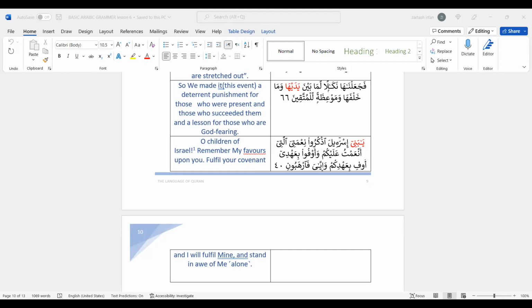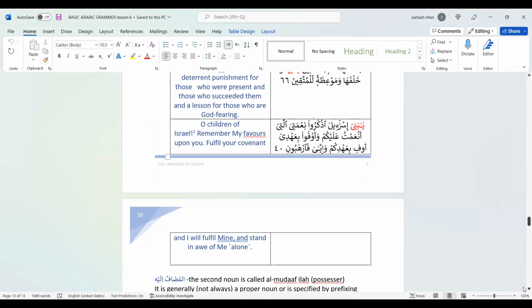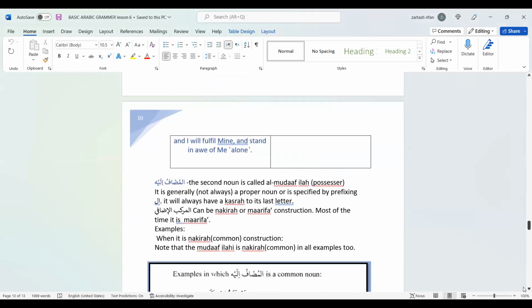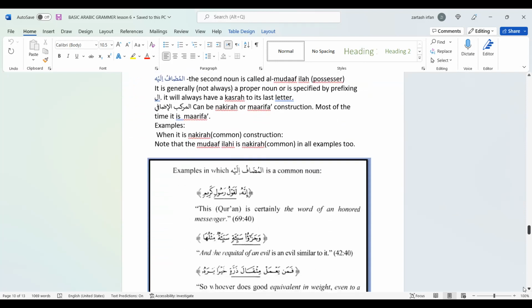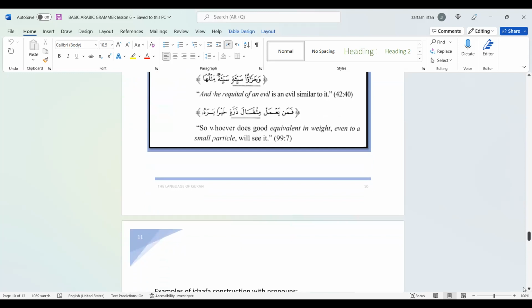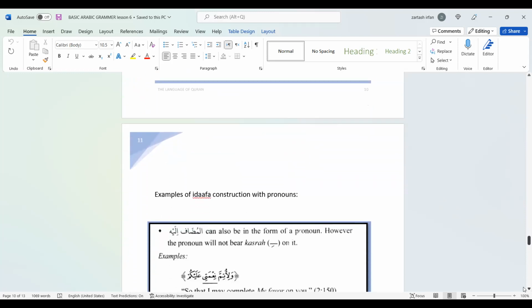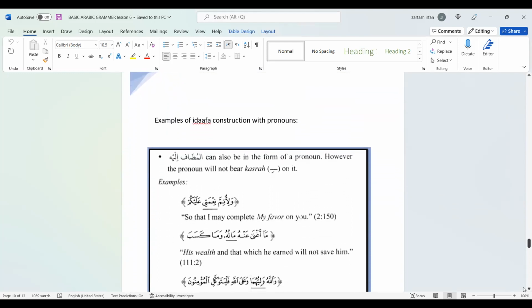I think that's clear for now. So we read about Ismul Ishara today, and Ismul Mosul, and the Idafa constructions, which, as I told you, have two components, the Mudaf and the Mudaf ilayh.